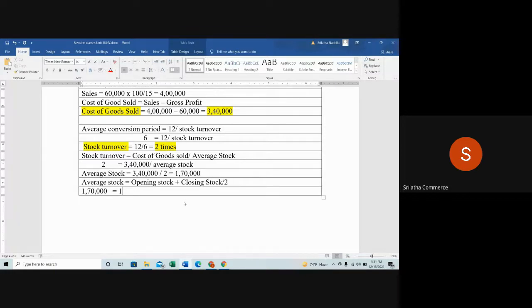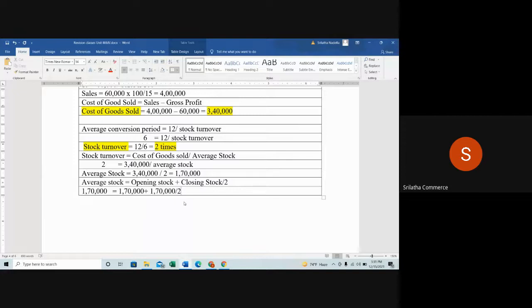So when your opening stock is 1,70,000, your closing stock also will be the same. 1,70,000 plus 1,70,000 divided by 2, you will be getting 1,70,000, isn't it?